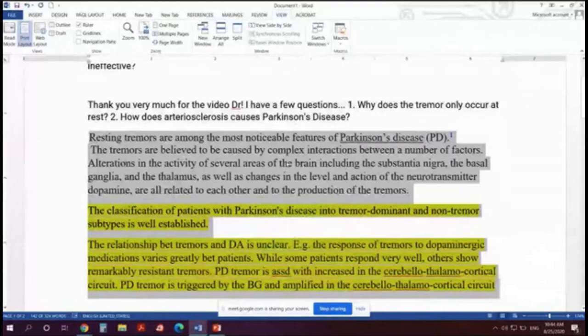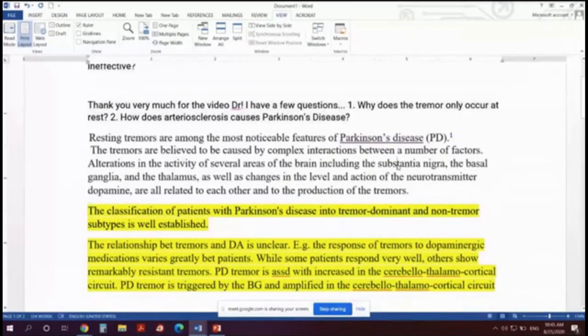Regarding the resting tremors, the issue is quite complicated. It's out of the scope of this lecture, but it is one of the most noticeable features of Parkinson's disease. They are caused by a complex interaction between a number of factors, including the substantia nigra and basal ganglia.